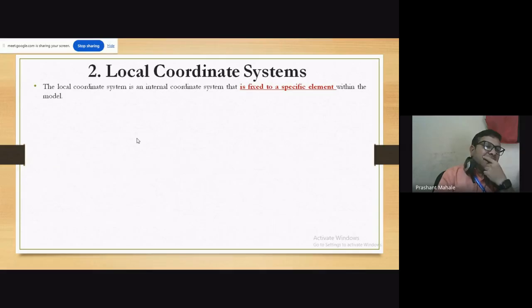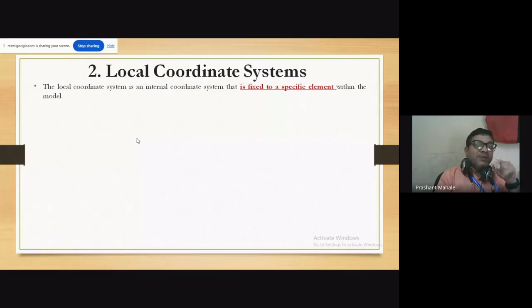That means if I take the whole body, the global coordinate reference will be a single reference. But if I take an element out of that body, element aside, for that element I am going to assign a reference. Most often, one of the nodes of the element is the zero reference, and then all others are calculated from it.